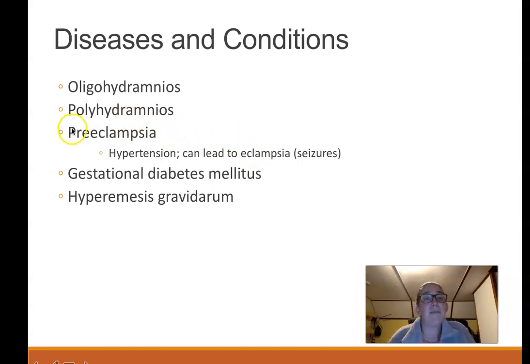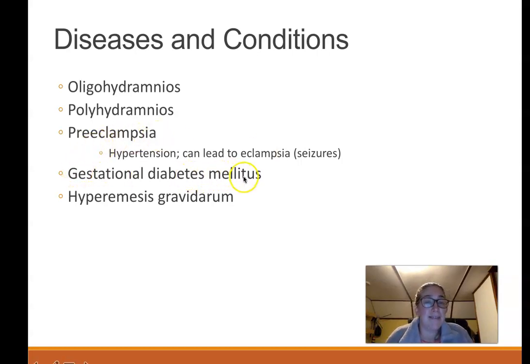Sometimes they're put on medications. Usually they're just told to relax, get a lot of rest, and monitor their blood pressure. And if it gets too high, they may actually induce labor, because the only thing that really cures preeclampsia is birth.